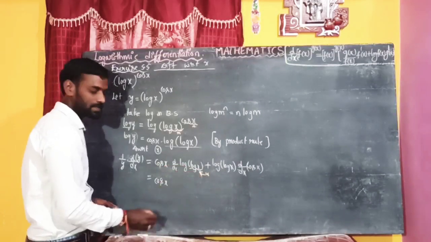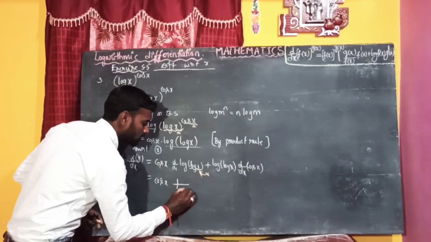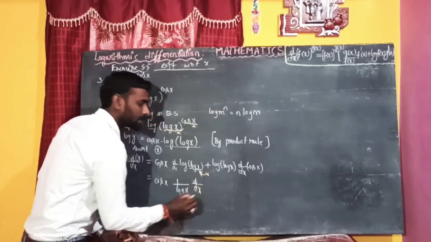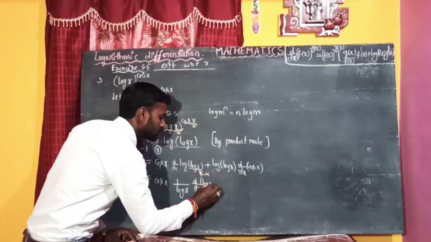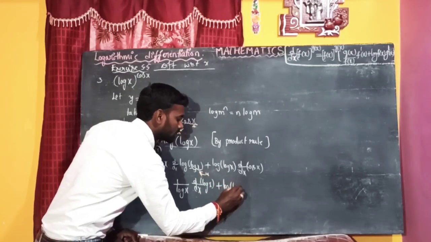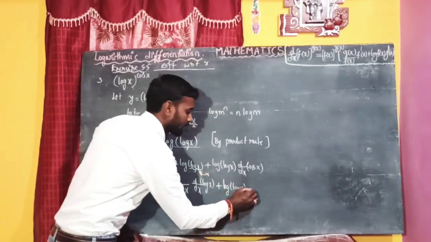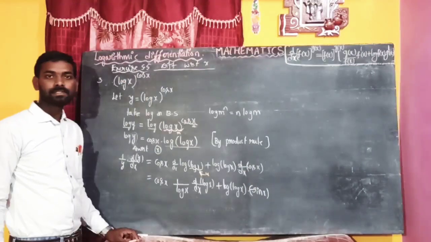The derivative of log u is 1 by u into d by dx of u, that is d by dx of log x, plus log of log x into the derivative of cos x, which is minus sin x.